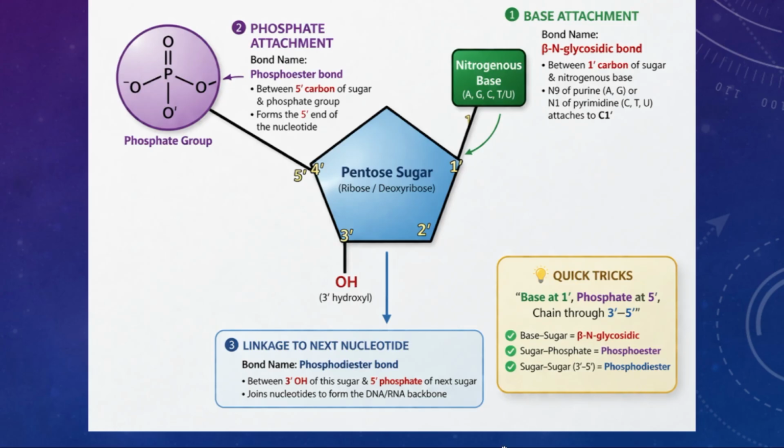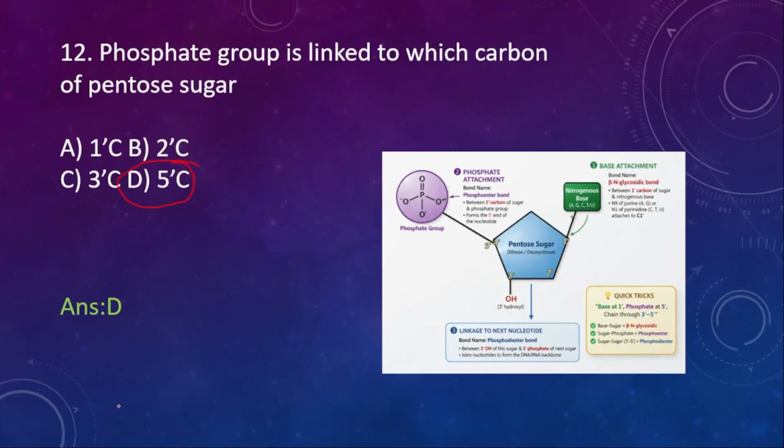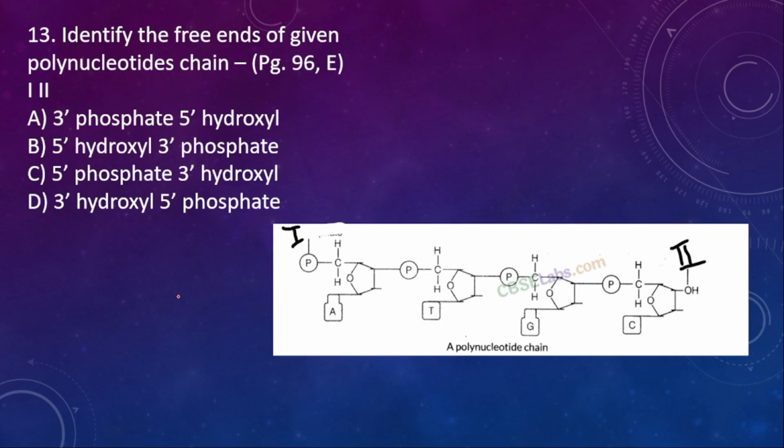So next question, that is question number 13. Identify the free ends of the given polynucleotide chain. This is one end and this one is the other end. See here, this phosphate is present, isn't it?